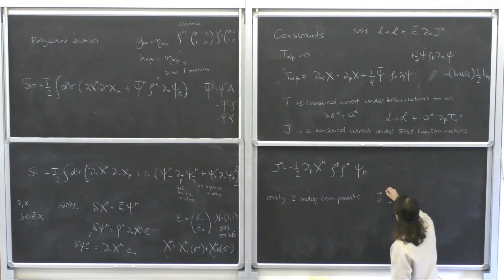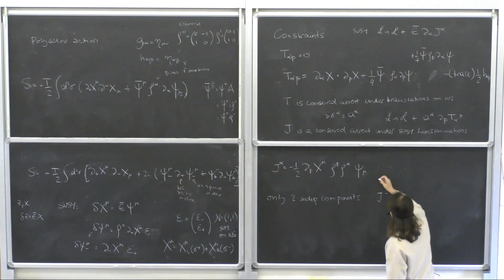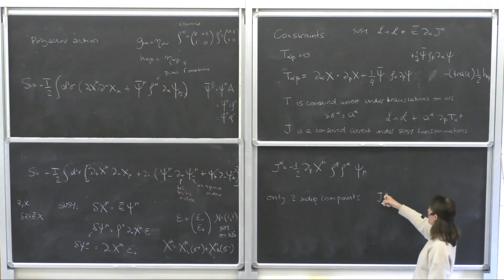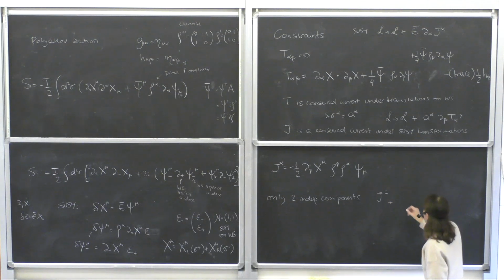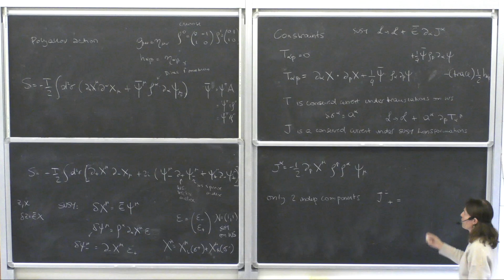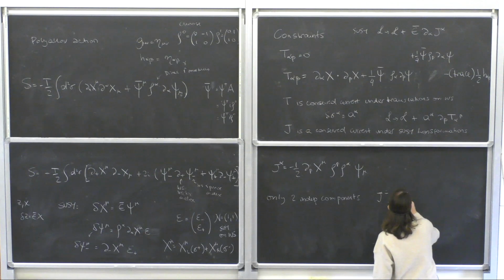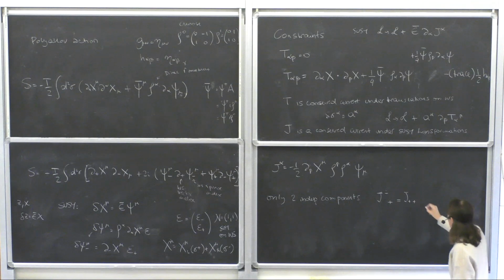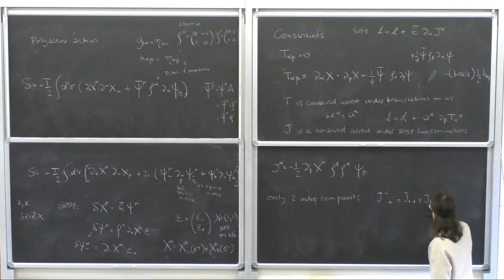So this is the worksheet vector and spinor index, that if we lower this index with an eta, this is J plus plus, and we're going to call this J plus.